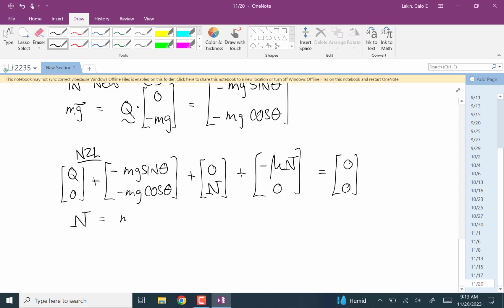And so n is equal to mg cosine theta. Plug that into the x equation, and you get Q minus mg sine theta minus mu times the quantity mg cosine theta is equal to 0.